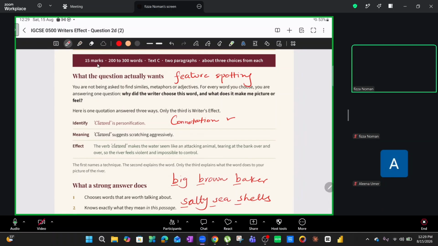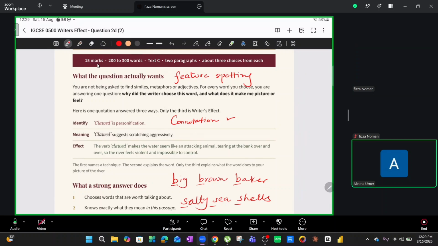Was it used as a personification? Was it used as a verb? How was it used exactly? Then in this case, clawed can obviously be defined as a verb as well. It's an action, isn't it? If I say, the cat clawed at the door, that's literally an action. The cat is doing an action. Isn't that the case, beta?